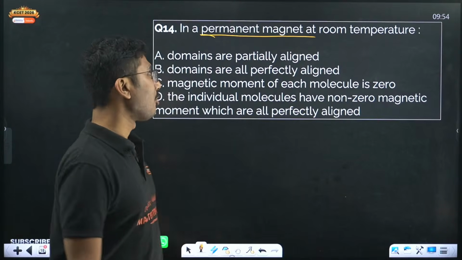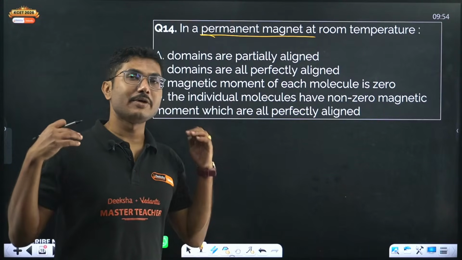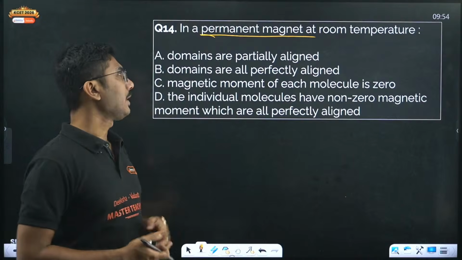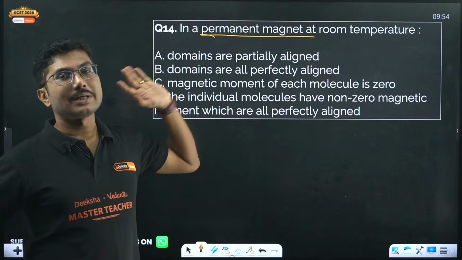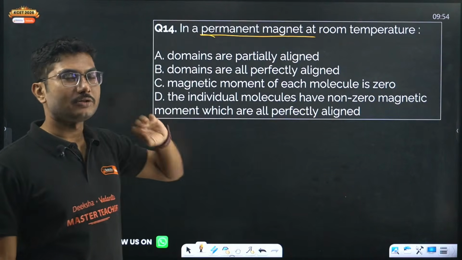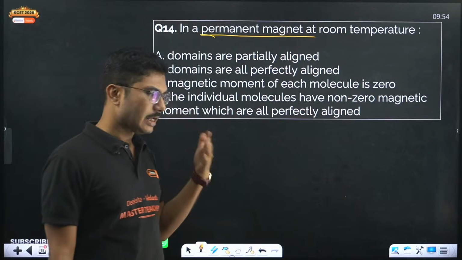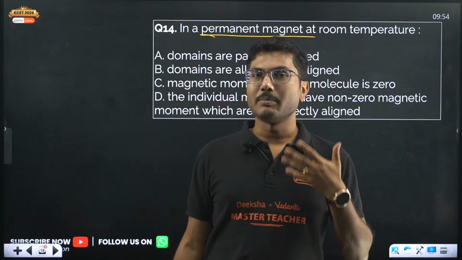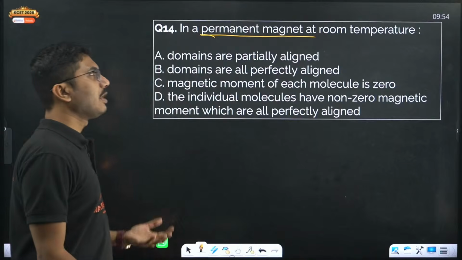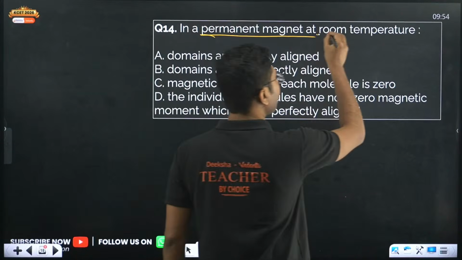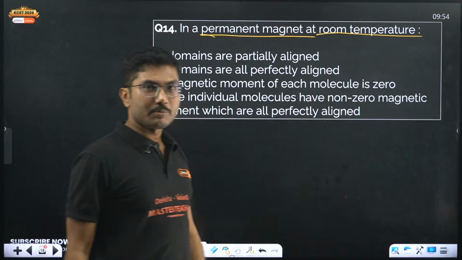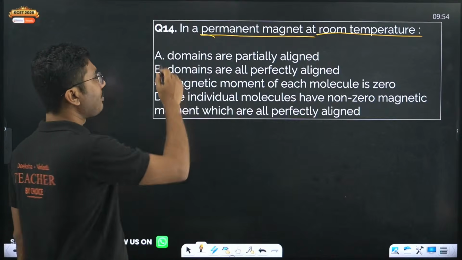Obviously 100% alignment would mean a very strong magnet. So that's why domains are not perfectly aligned. It depends on the temperature. If you cool it down to some temperature, yes, they will perfectly align, but at room temperature, domains will not be perfectly aligned, they are partially aligned.